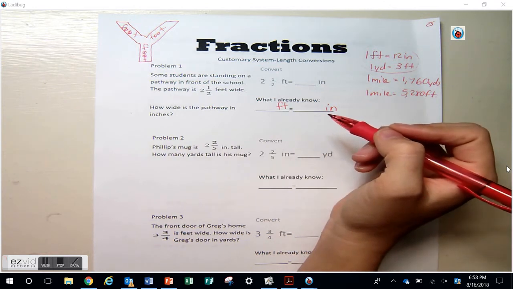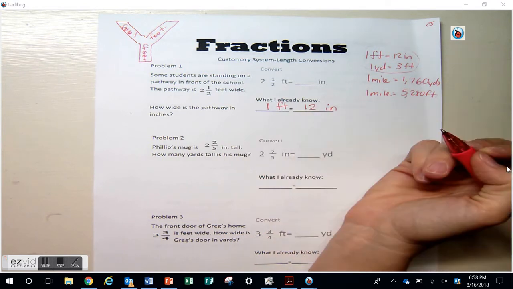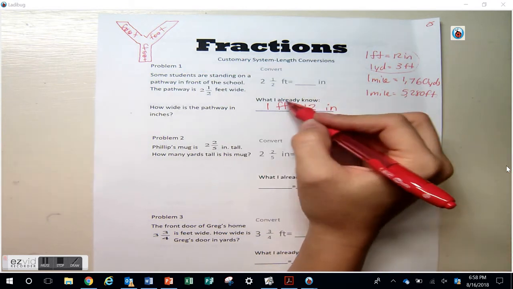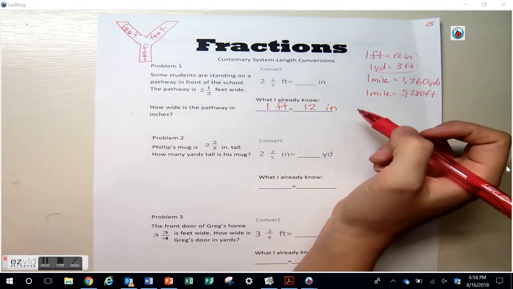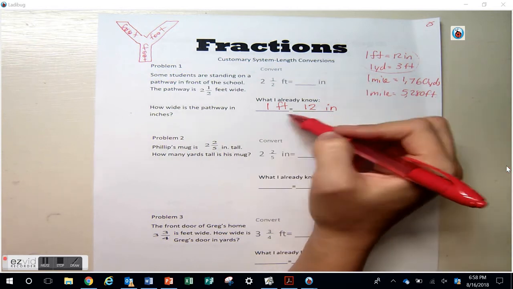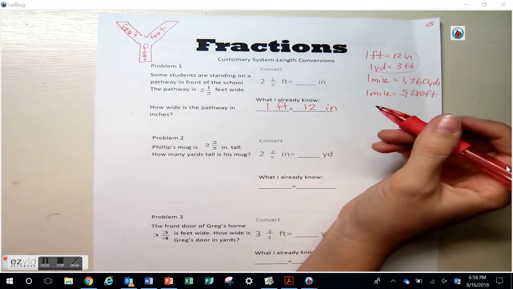Well, I already know that 1 foot is equal to 12 inches. Because I know that, it's going to help me a lot to figure out this conversion up here, just by knowing this simple fact.